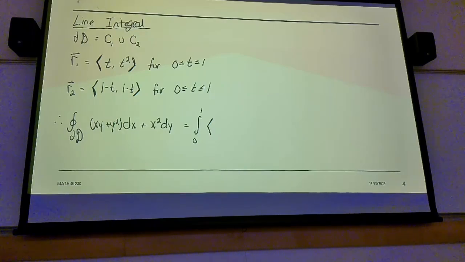Okay. t cubed plus t to the 4, t squared.